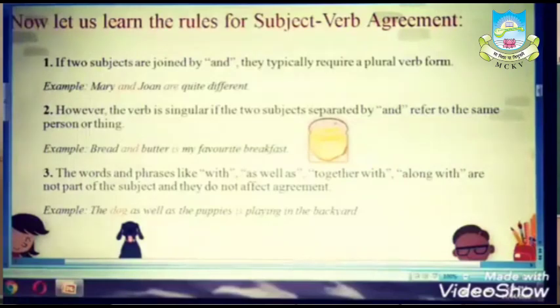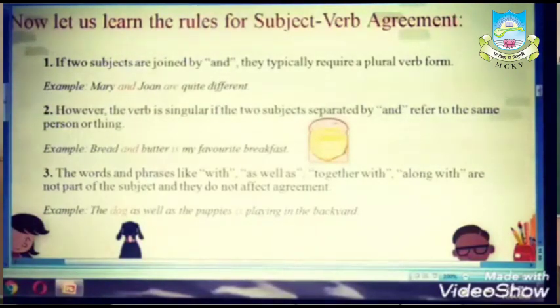Now what is this? Isn't it confusing? No, actually it is not. Because in the number 2 point, it actually means that if 2 nouns joined by and refer to the same person or thing or suggest one idea to the mind, the verb is singular, which you can make out from the example.